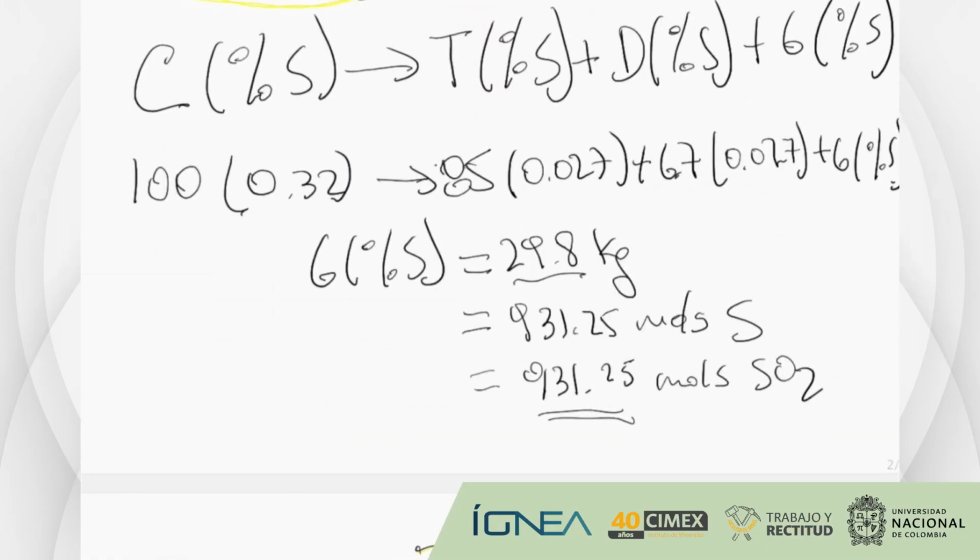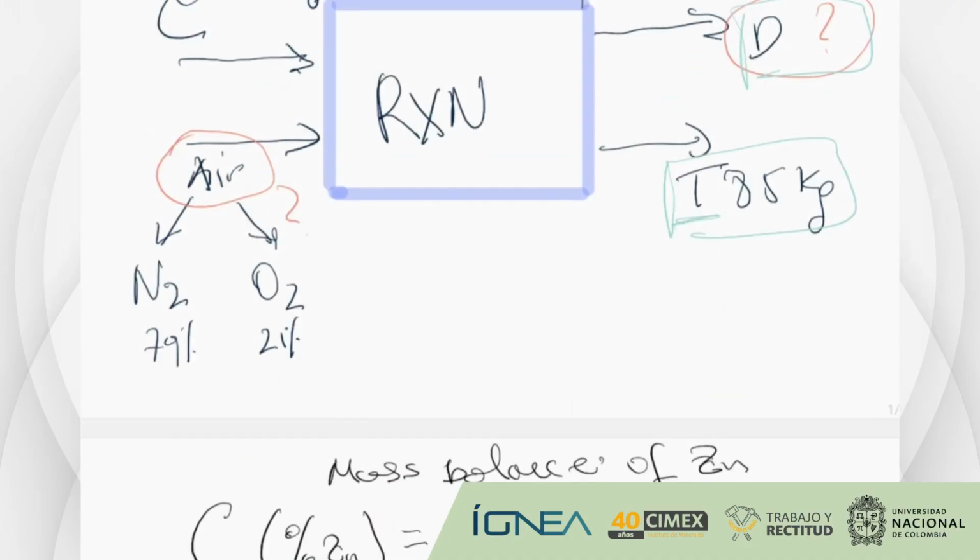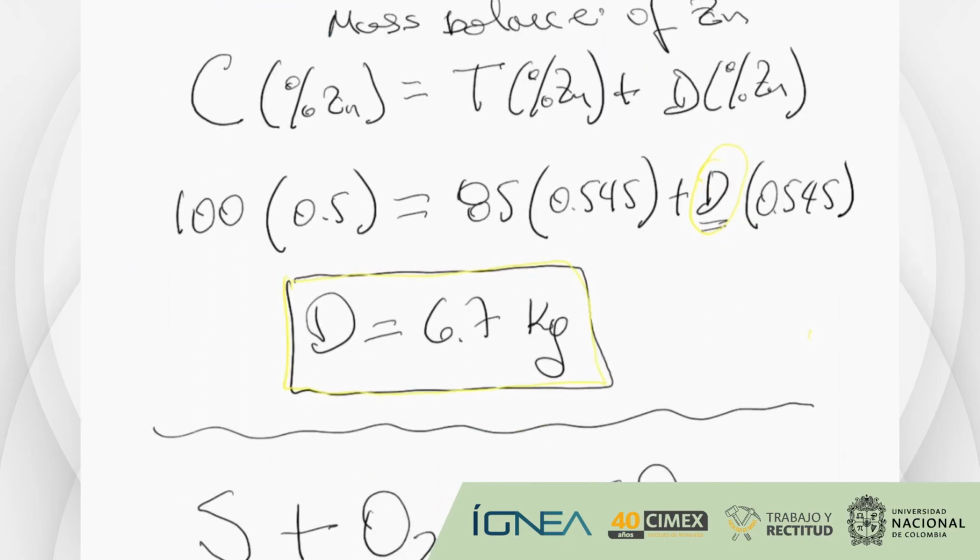As an extra, maybe a review, the problem we have is a concentrate of sulfide, sphalerite, sulfide of zinc. Using a roasting process, we obtain an oxide. This is the final product, the roasted product. The roasted product is an oxide. We have also dust and we have also gases. In that sense, we made some mass balances.